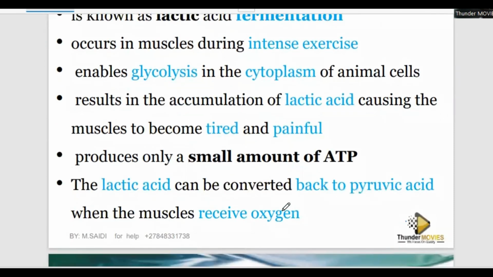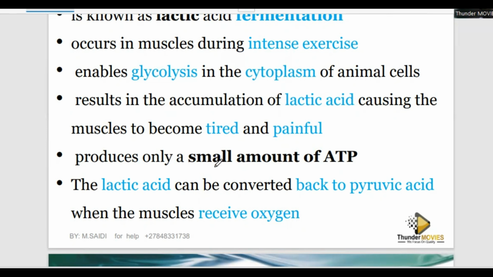When the muscles become painful, it is because of lactic acid, which is an acid. Acid is not supposed to be in our muscles. It's supposed to be excreted out of the body. Because the process of excretion is taking place at a low pace, it accumulates and causes this tiredness and pain in these muscles.